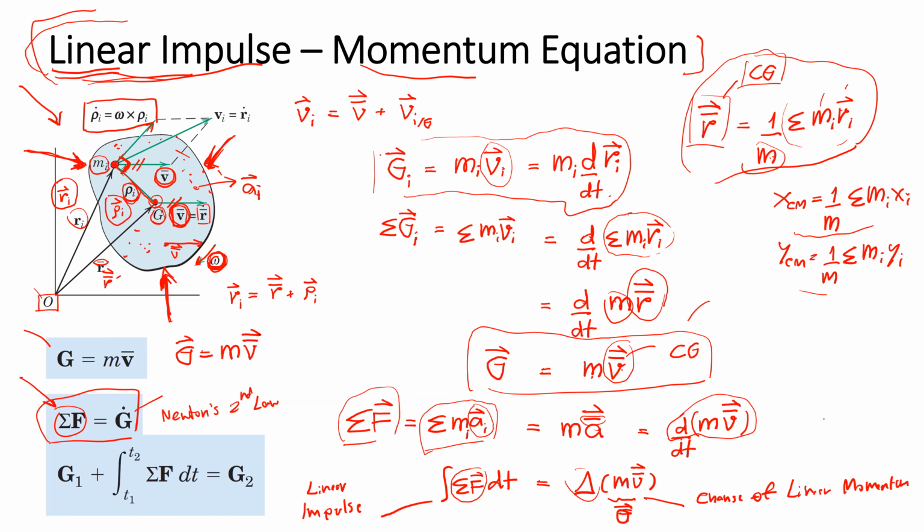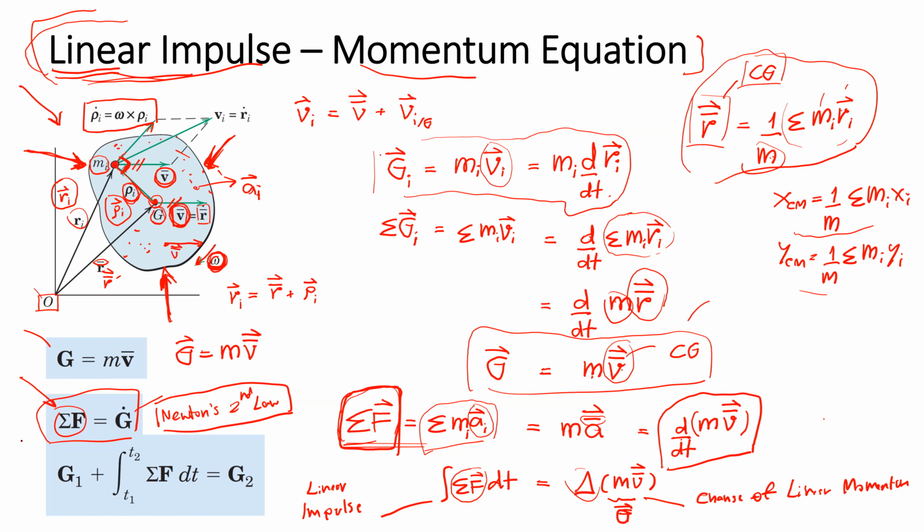And the summation of force that applies on the rigid body is equal to the rate of change of the linear momentum. This relationship is Newton's second law of motion: the summation of force equals the rate of change of the linear momentum.